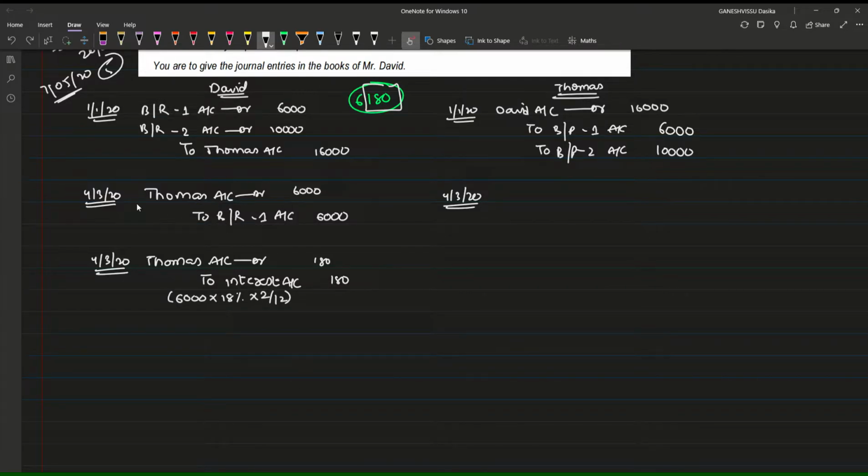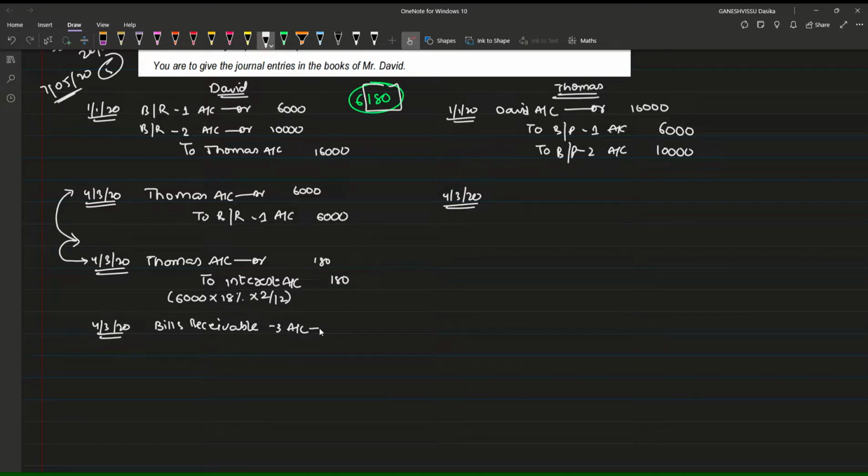So by combining both these entries, I am going to pass the third entry, which is on 4th March 2020. Bills receivable 1 has gone. Now bills receivable 3 I am writing.